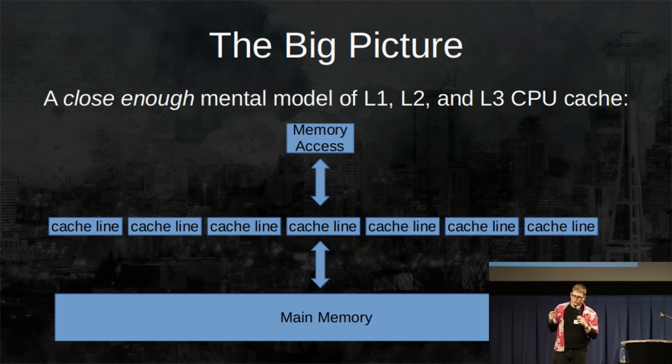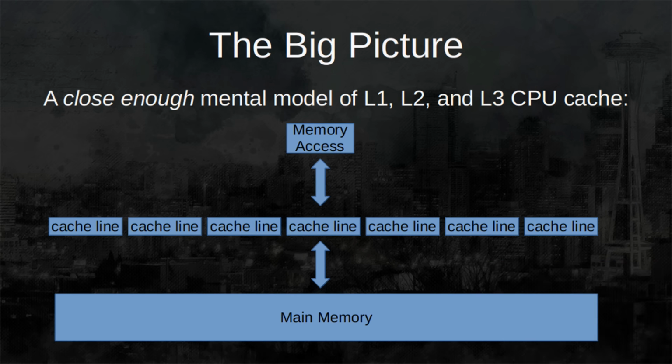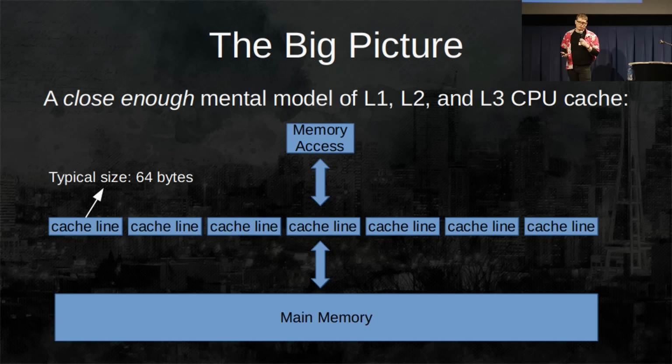So try to think of it like whenever you need to do any memory access, you're always going to go through a cache line, always. So the question is, are we going to have to evict a cache line in order to do the job? So let's say that I'm storing something to memory. Each cache line is typically about 64 bytes. Could be 32, could be 128. It's usually 64. And that's the granularity that you have.